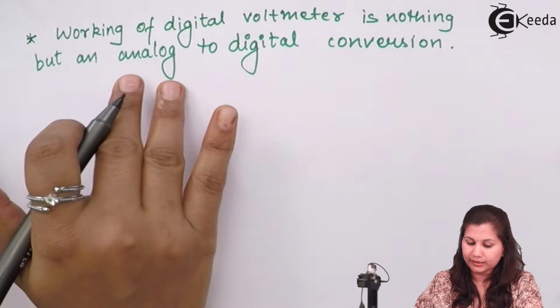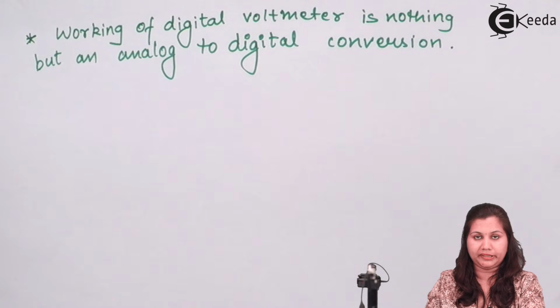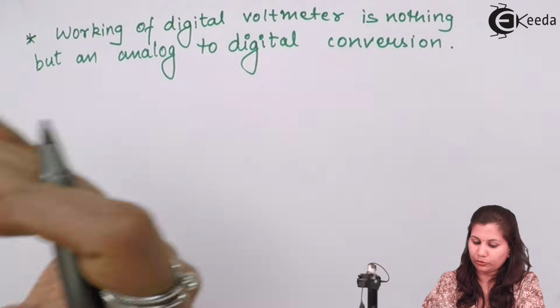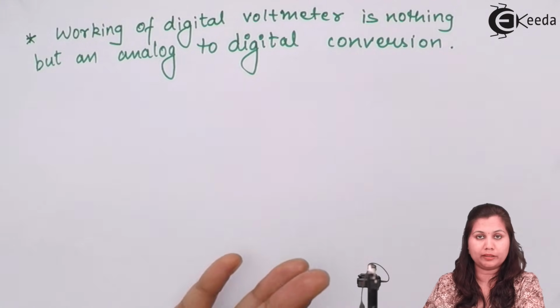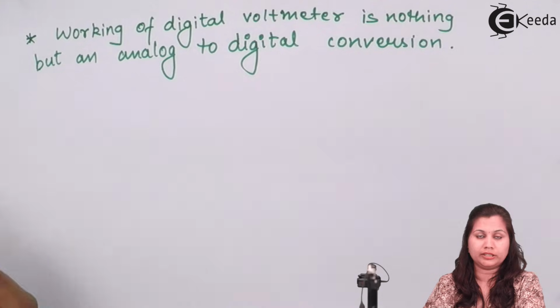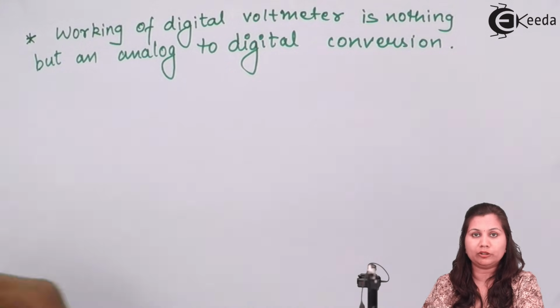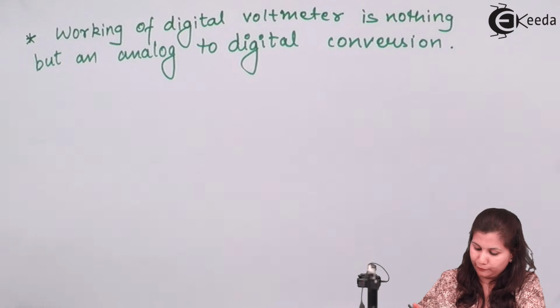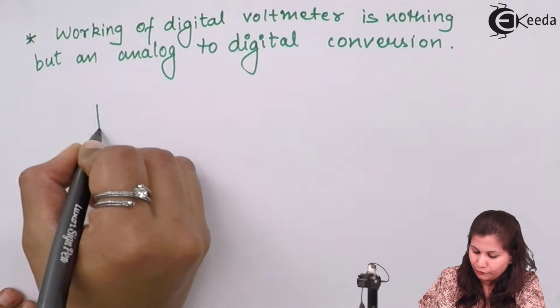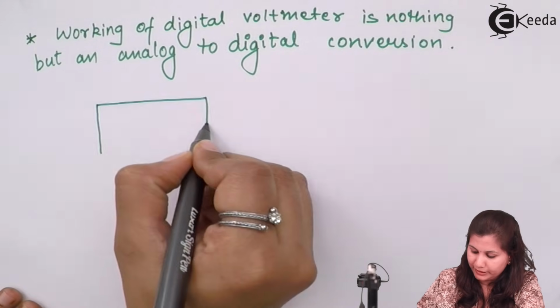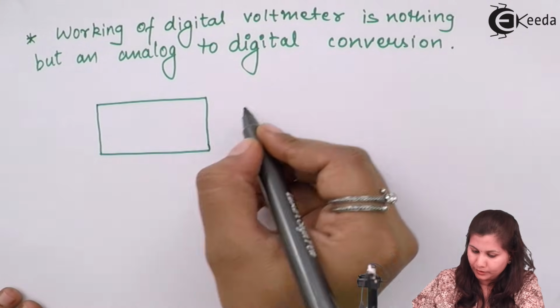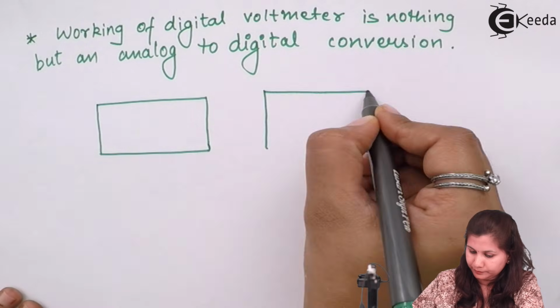The analog signal is converted into a train of pulses, and we count the number of pulses in that train, which will be equal to the input signal voltage. So here the digital voltmeter can be replaced by an A to D converter.